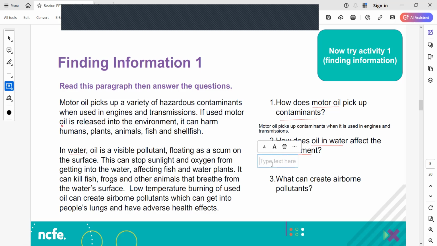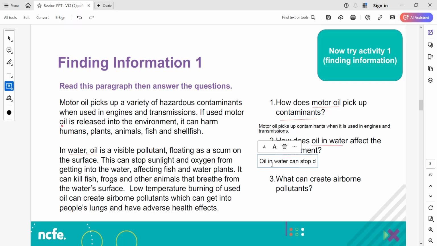How does oil in water affect the environment? Oil in water can stop sunlight and oxygen getting into the water.